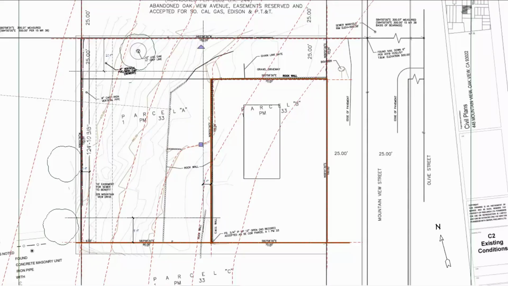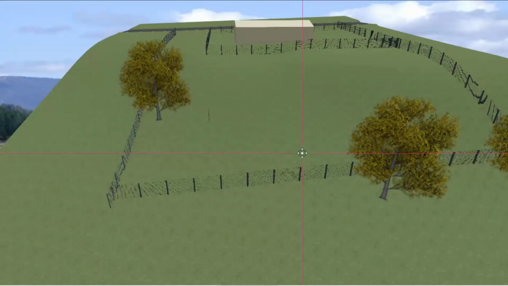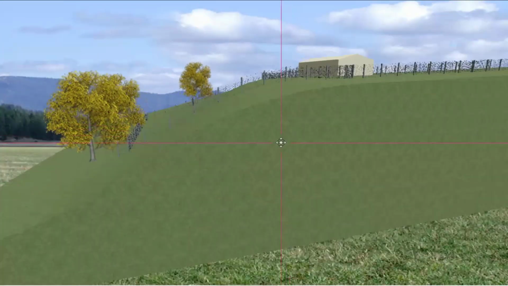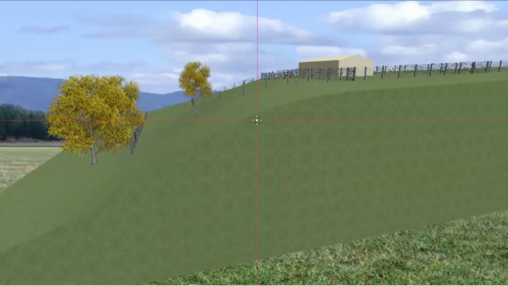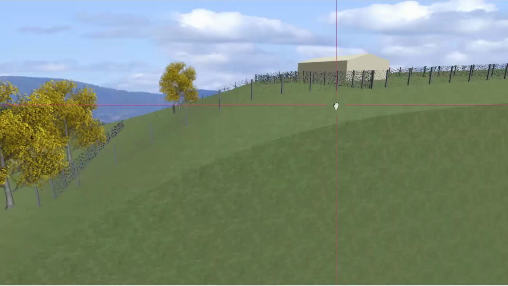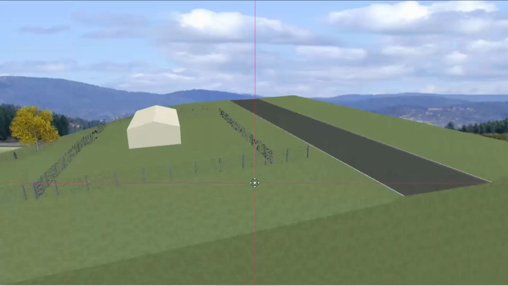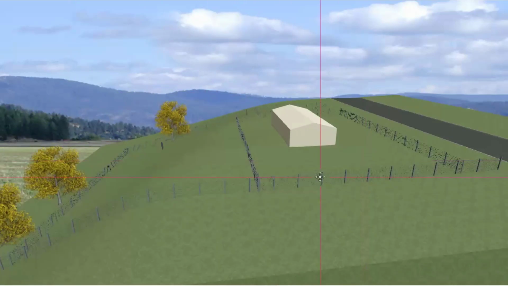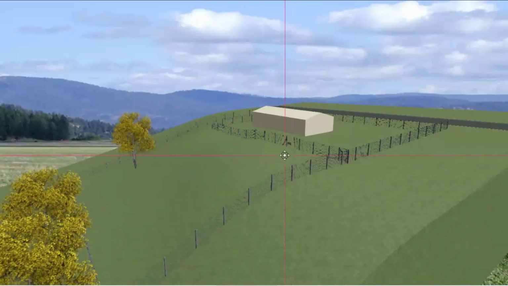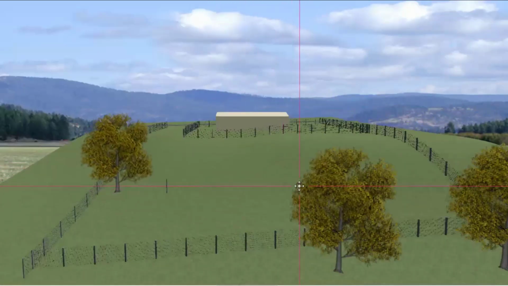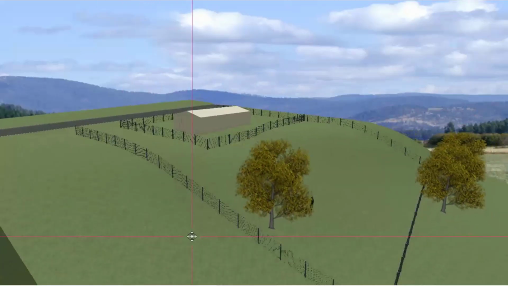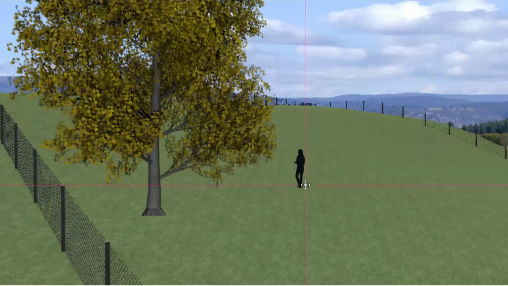So if we look at it in a 3D contour, if you were cutting the section of the ground, you would see street level up here where the other house is, and then it drops. You can see the high point here and the low point here. A little person for relevance.